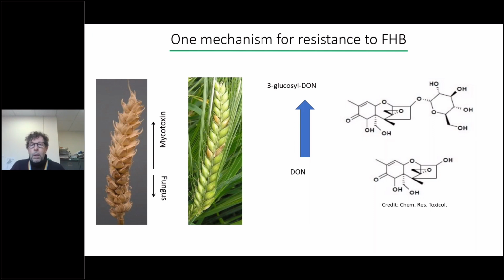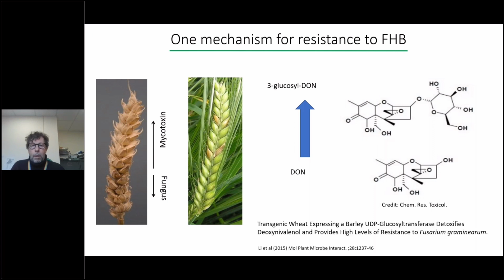And the DON is modified by the host, the barley plant, transforming it into a glucose moiety added to the DON, which makes this then non-toxic to the plant. So this allows barley to restrict the movement of the fungus, and with that reduce the levels of mycotoxin accumulation and damage. So this is one of the mechanisms that we know of in barley.